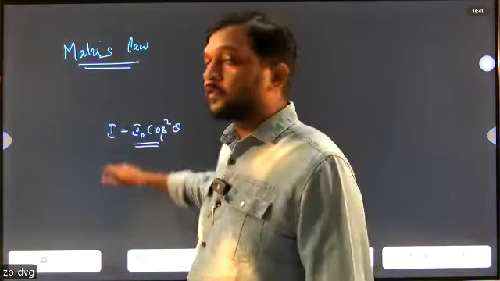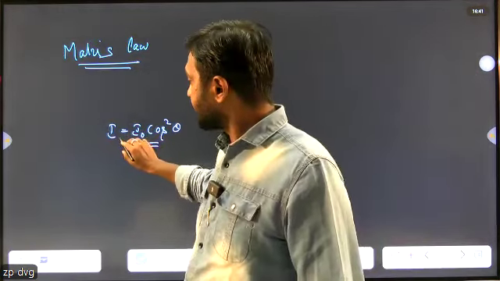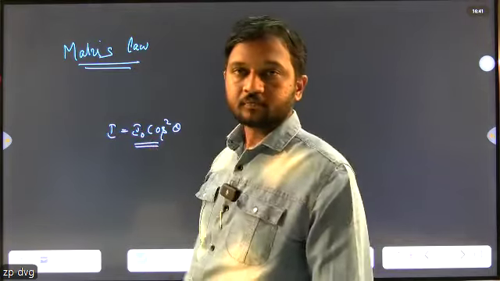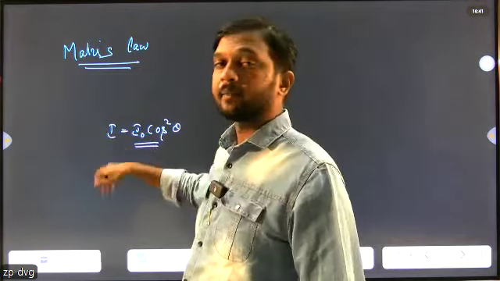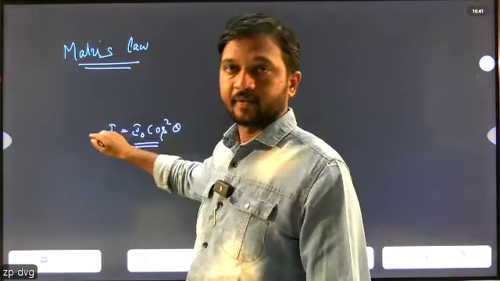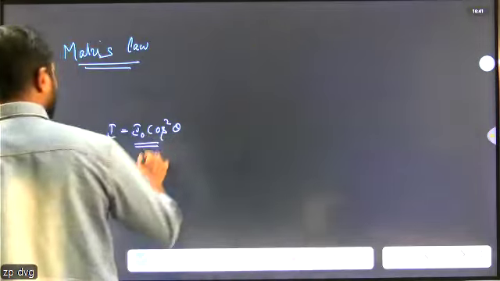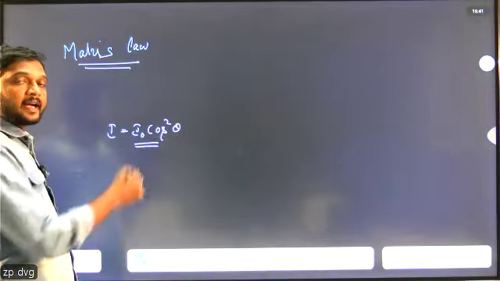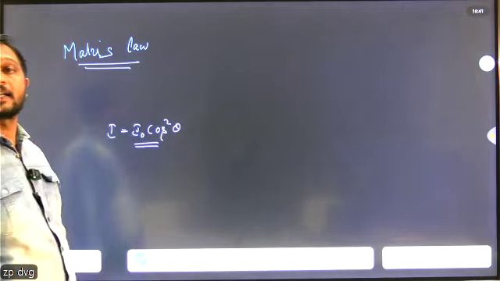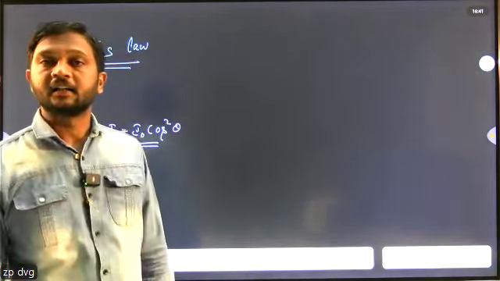The intensity of transmitted light is directly proportional to the intensity of plane polarized light emitted by the polarizer, and directly proportional to the square of the cosine of the angle between the pass axis and the transmitted light.